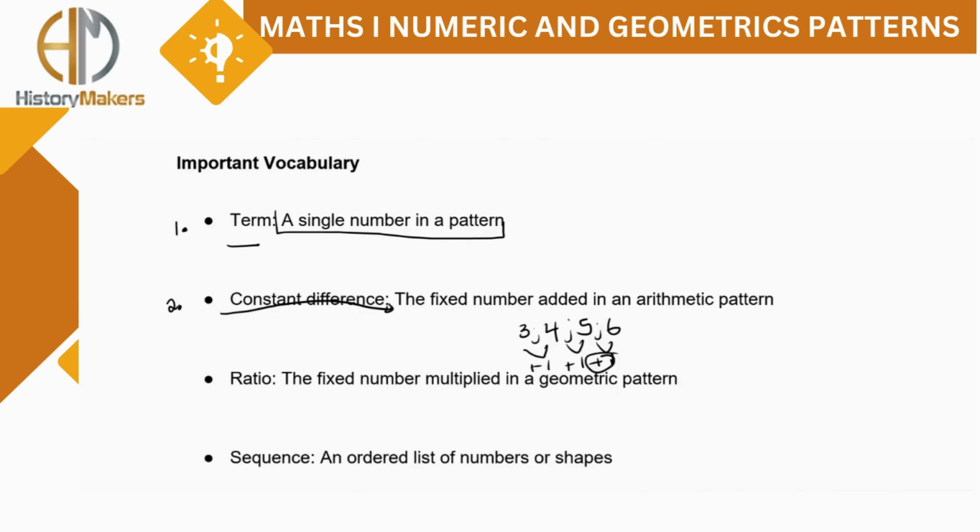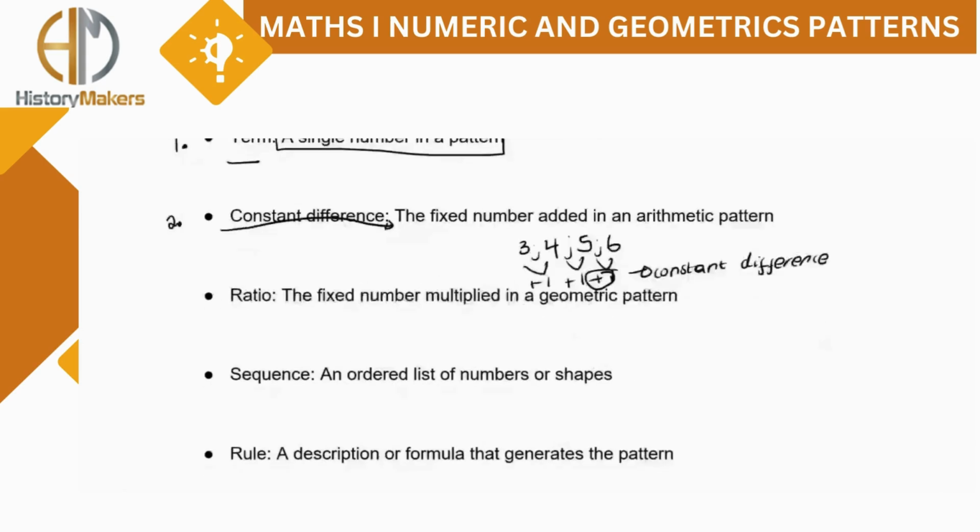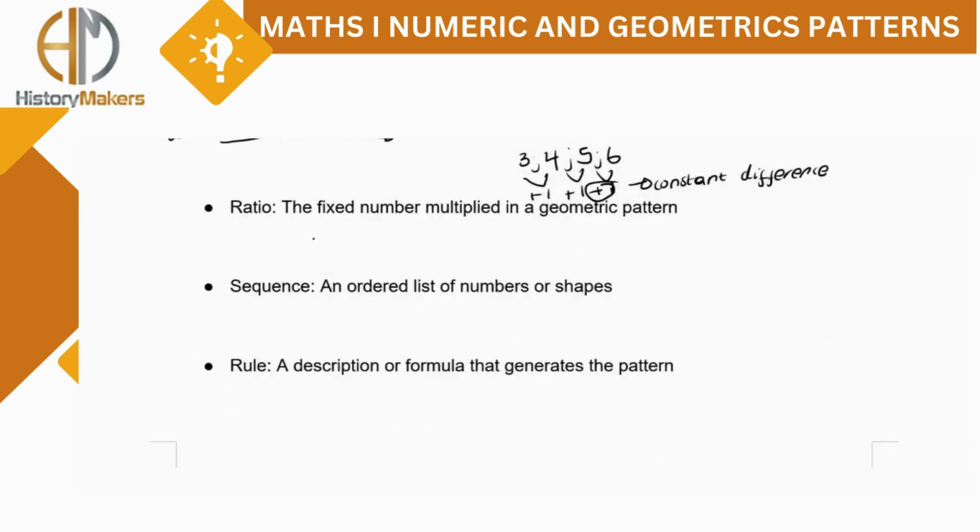This 1 is referred to as our constant difference. Another important keyword we need to know is ratio. What are ratios? These are fixed numbers that are multiplied in a geometric pattern.